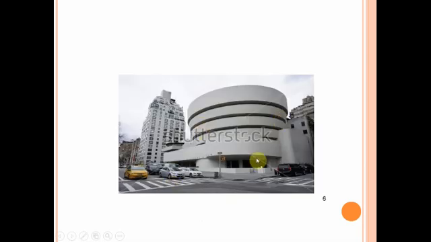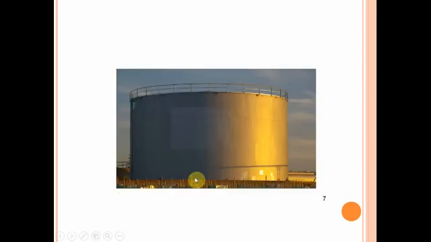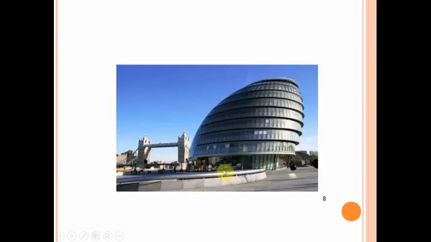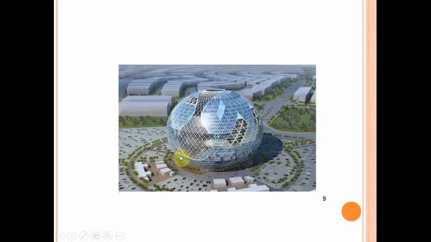This building is basically a parking lot, I hope, and it's a kind of spherical structure. Again, this oil storage unit, see this structure. There are many structures like this, and it's a completely spherical structure.